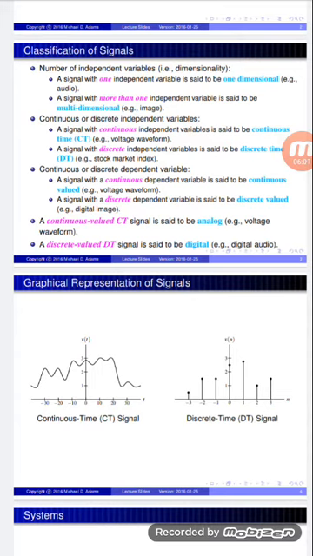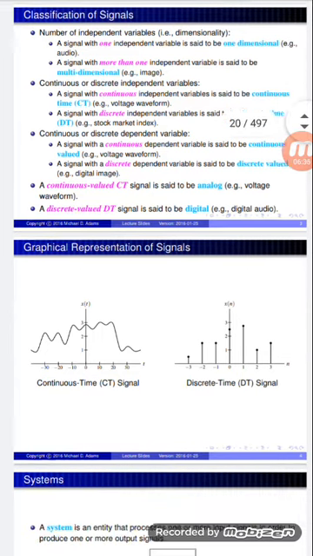Looking at the diagram below, we can easily understand continuous and discrete signals. A continuous valued signal is said to be analog. A discrete valued signal is said to be digital. What is analog and what is digital?